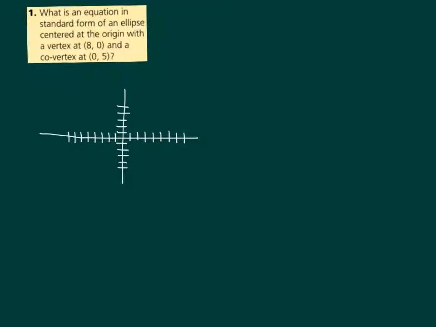There's a vertex at (8, 0). And we're centered at the origin, which tells us we're going to have another vertex at (-8, 0). And this is our major axis, meaning this ellipse is horizontal, because the major axis is horizontal. We have a co-vertex at (0, 5), which means we have another co-vertex at (0, -5). And there is our minor axis.